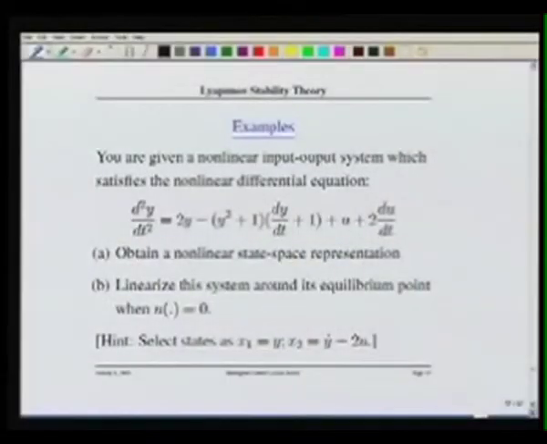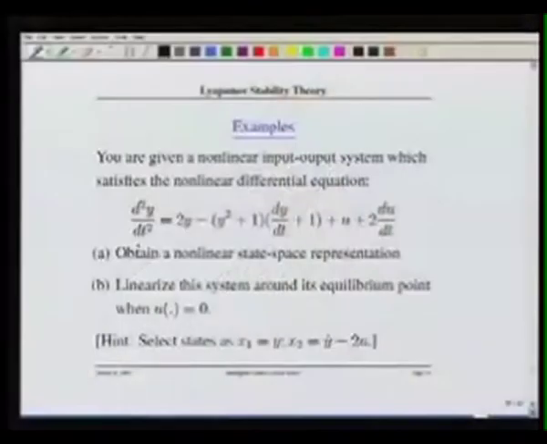So, just to end the lecture, here are two examples we will solve today. First is to make your concept very clear on how to linearize a nonlinear system. We will always encounter these things in our intelligent control course, and more importantly, Lyapunov stability theory will be used to derive some new training algorithms as well as control algorithms.